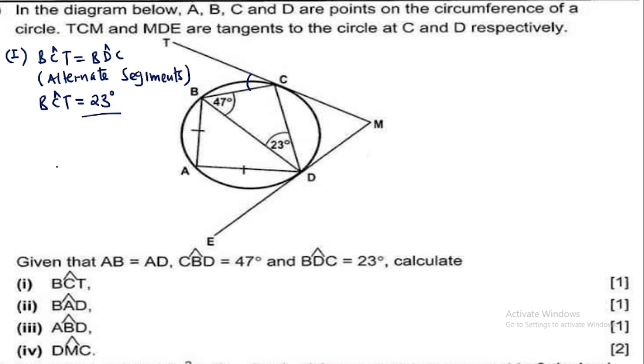Then the next angle, which is Roman numeral 2, we are told to find angle BAD.